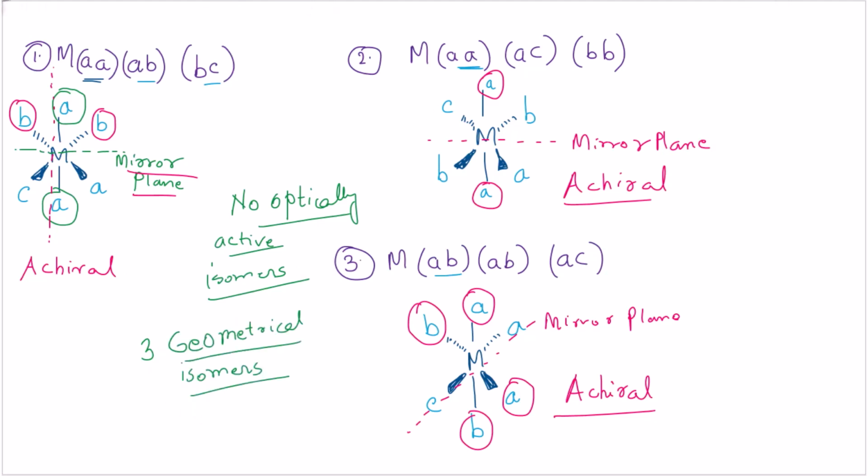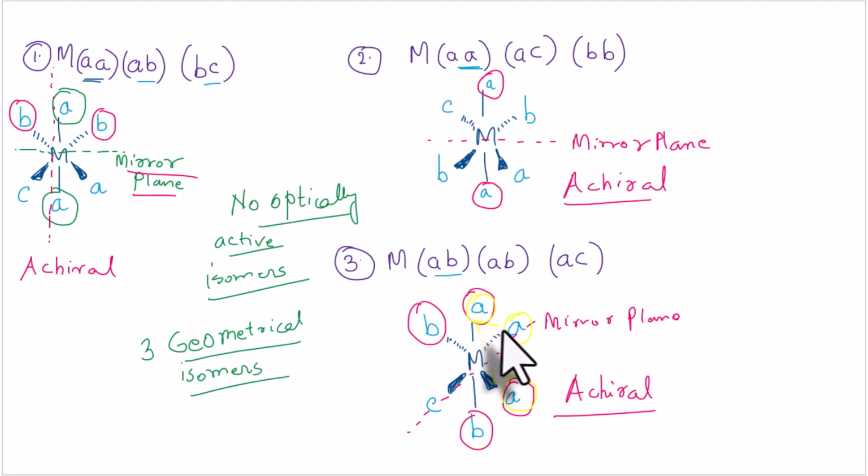To get into a few more details, if you remember geometrical isomerism, you can see here that the A's are lying on the triangular face of this octahedron, something like this.